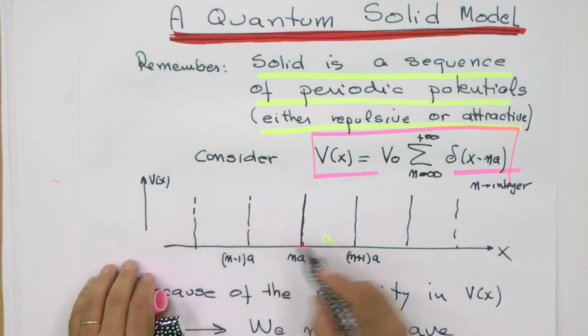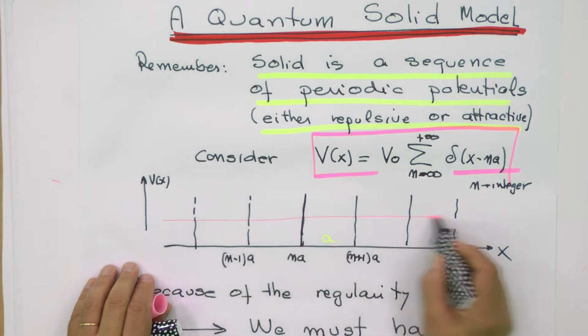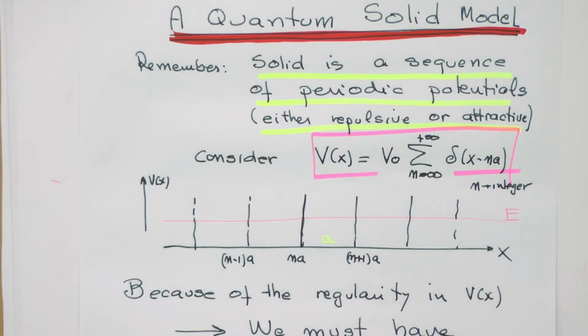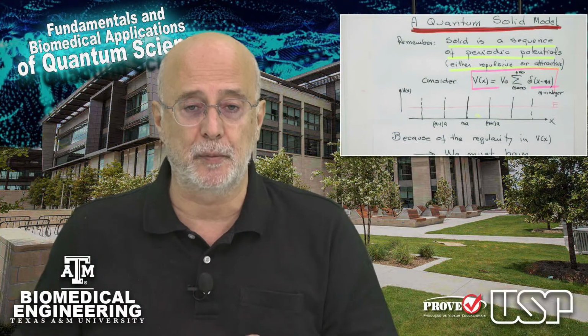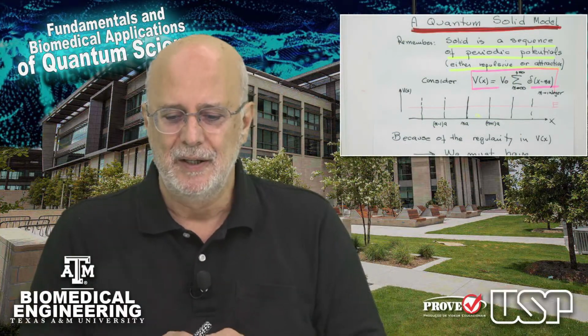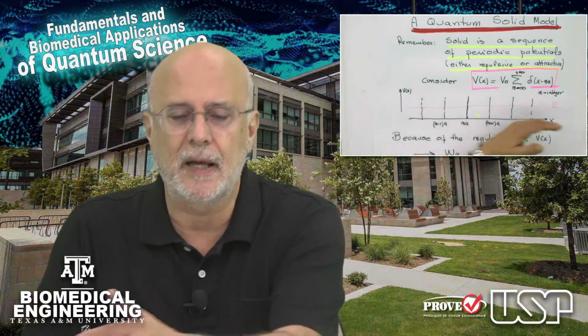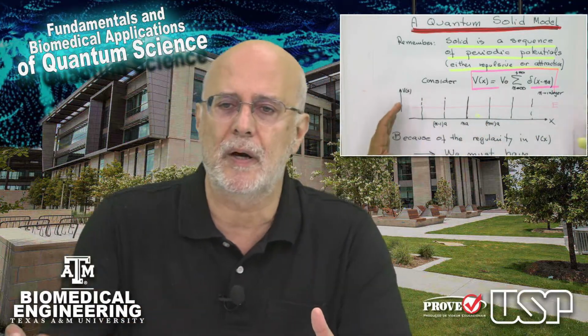And in this case, we're going to put a particle here with some energy. And we want to know what energy is possible to propagate here, right? What energy can we have in this situation, so that the particle can exist everywhere in this potential?